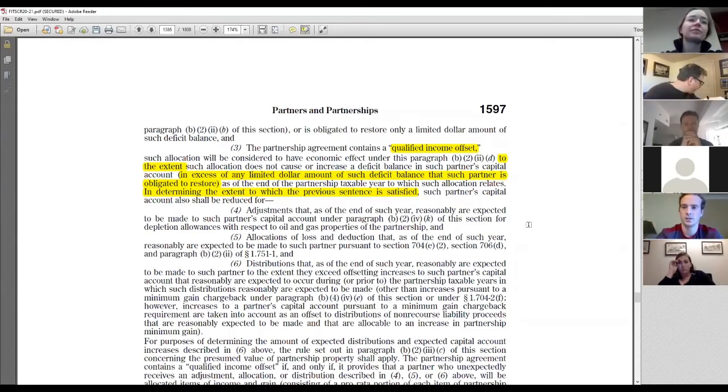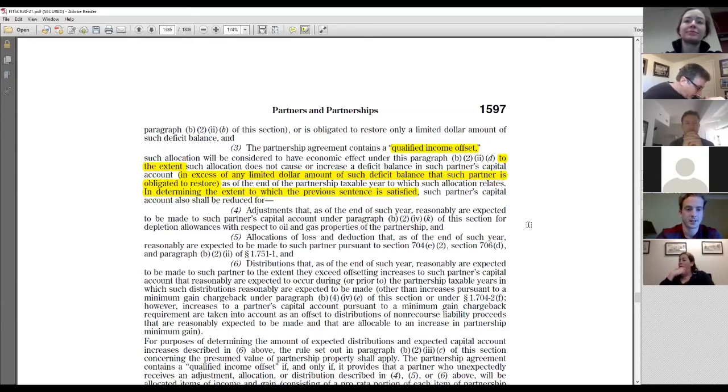They won't go to you if they take you too low. But what about distributions of cash? They're going to reduce your capital account, certainly, and they may very well reduce it below zero. And again, assuming there's no LDRO, when you get below zero, it's just funny money. There's nothing there.